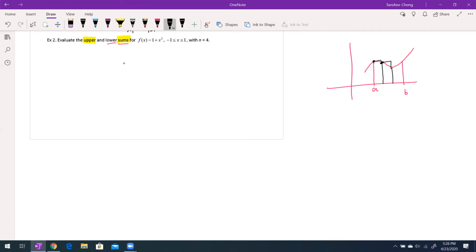But for the third rectangle, I will be using the right end to make sure that I overestimate. So this is called upper sum estimation.